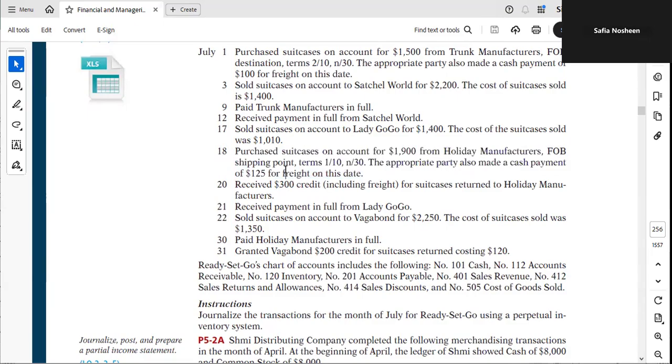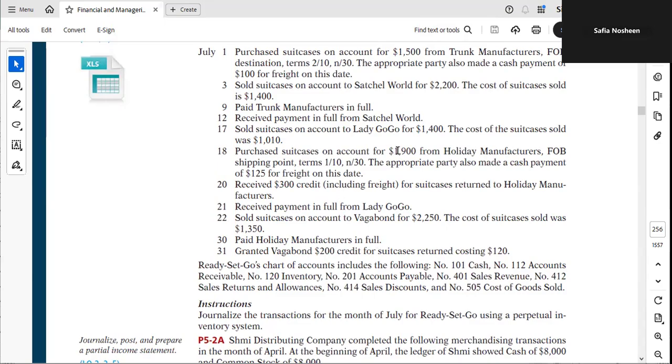It means that we have not availed the discount. This is not within 10 days, 18, and not on 28. If it were less than 28, then we would avail the discount. But here we are not going to avail any discount.